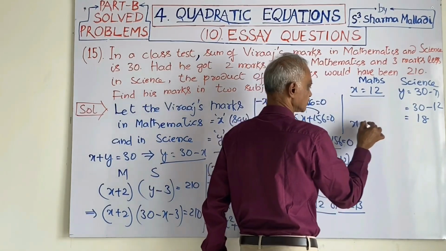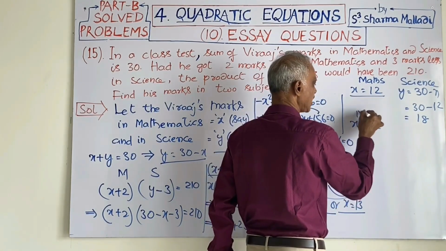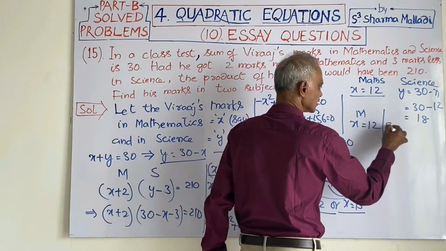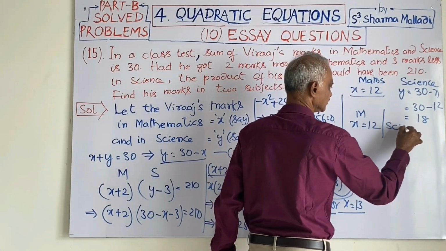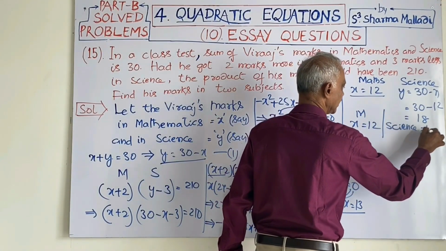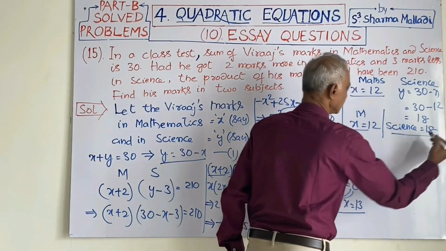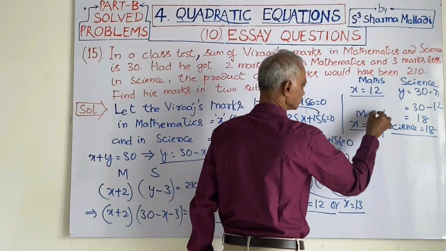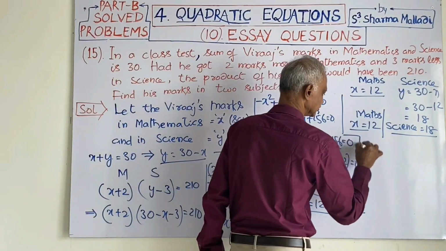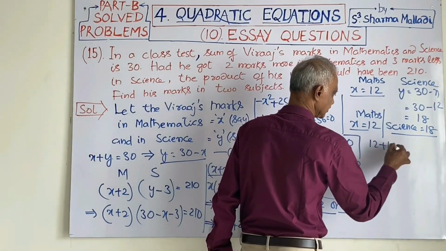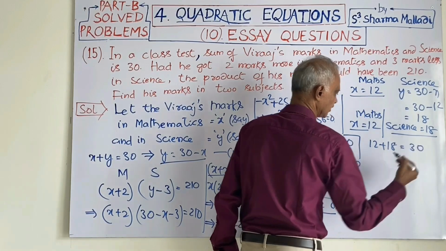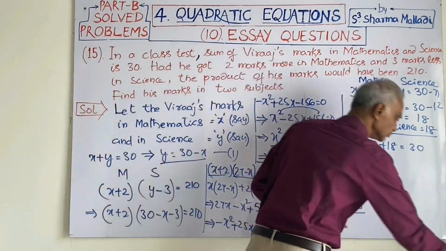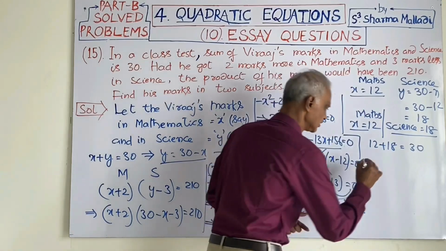As x is equal to 12, in maths he got 12 marks, and in science he got 18 marks. 12 in maths and 18 in science. You check, 12 plus 18 is 30. This is one answer.